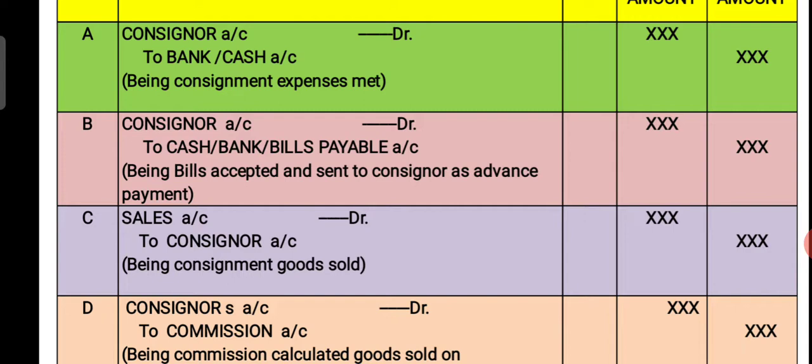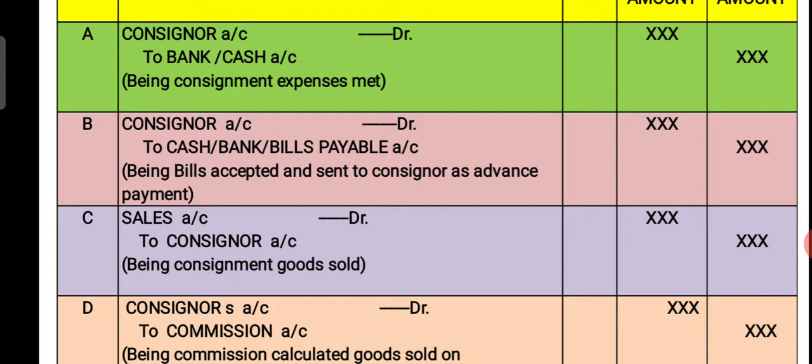Consignor account debit to cash or bank account or bills payable account. If we pay cash in advance for the consignment business, then we write consignor account debit to cash account. If we give any bank draft or check, then we write consignor account debit to bank account. If we accept the bills receivable, for us that is bills payable, so we write consignor account debit to bills payable account. The amount goes in the debit column and the credit column.